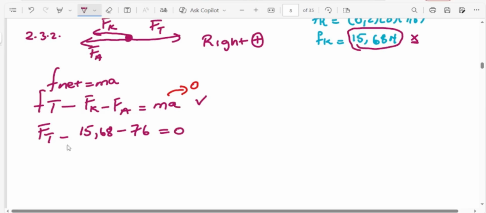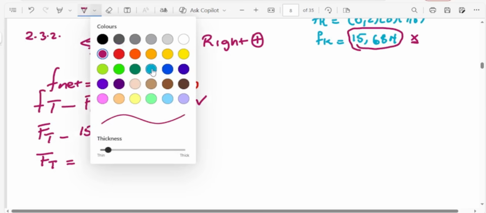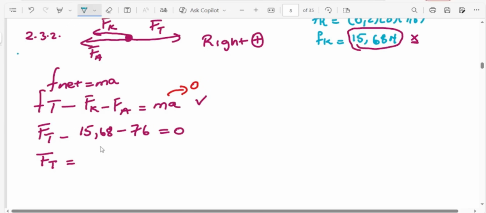So if we isolate the tension, we're going to say that my Ft equals, you're going to add these two: minus 15.68 with minus 76 newtons.